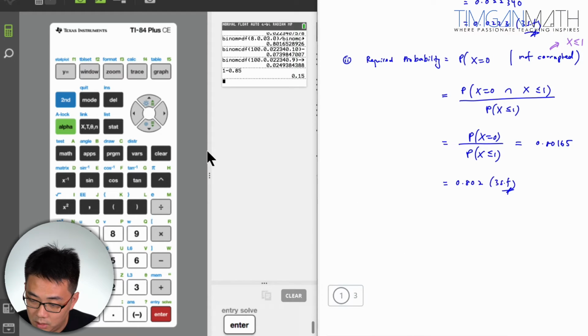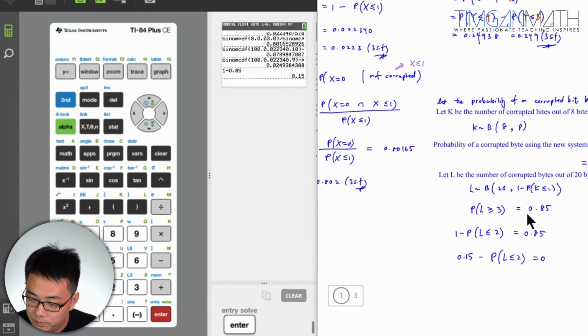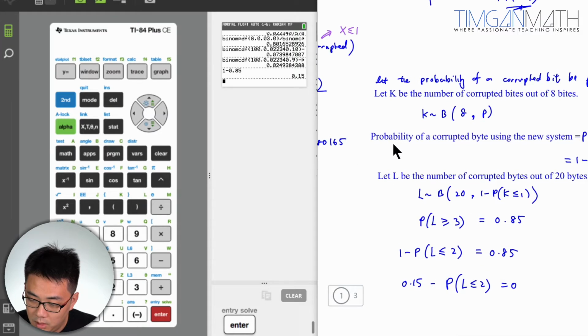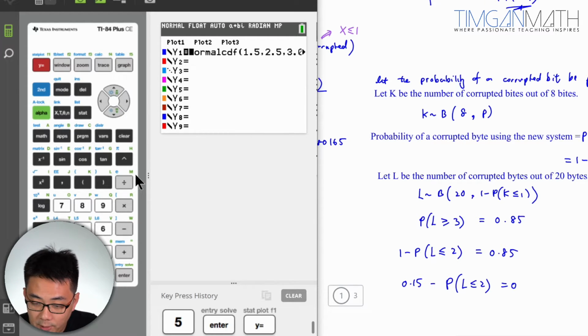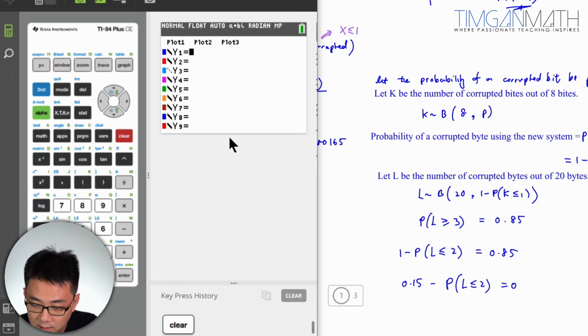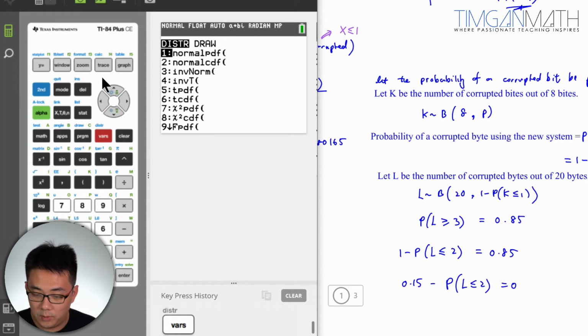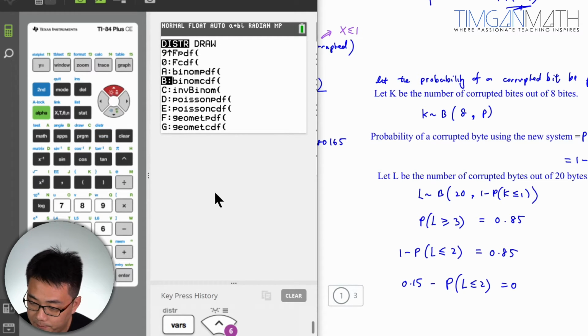Okay. So this part here. First of all, we have this one. So L, I need to key this in. So let's go to L. Then I'm going to put this as 0.15, and I'm going to put this as minus CDF. So this is the binomial CDF.